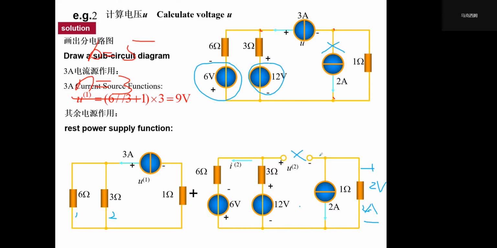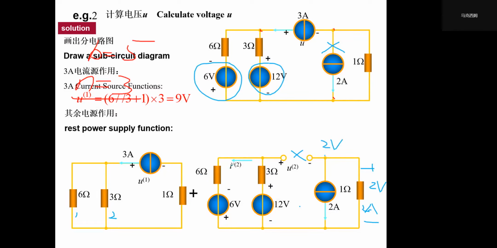So this part is 2 volts. And also we have a 9 ohm, 6 plus 3 is 9 ohm, resistor.